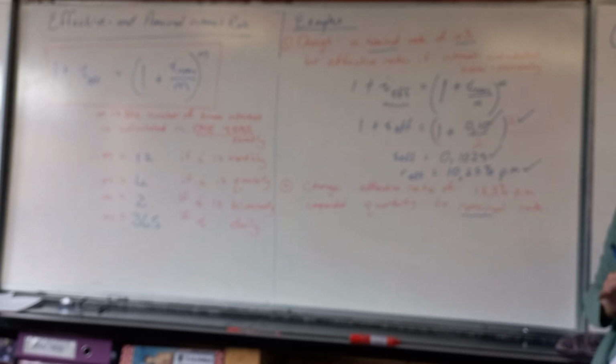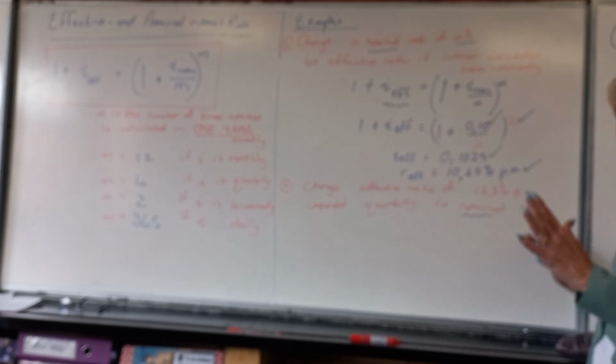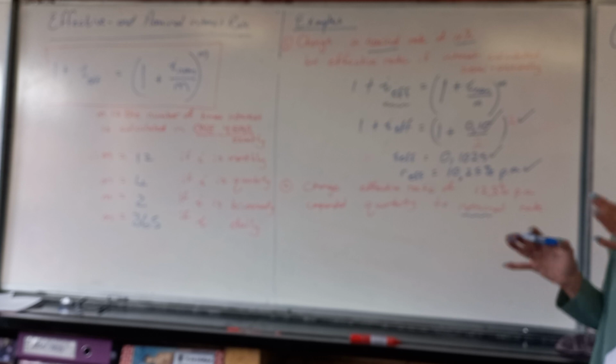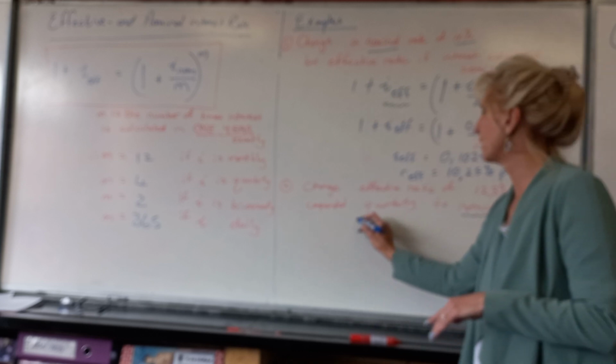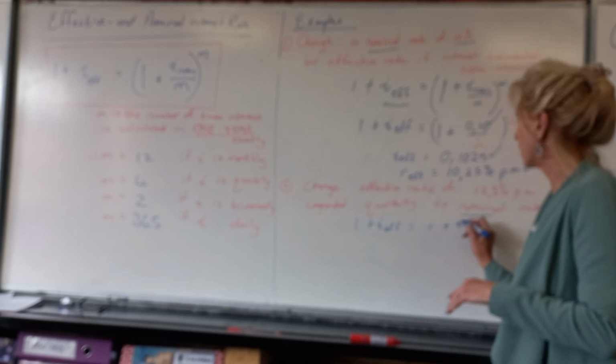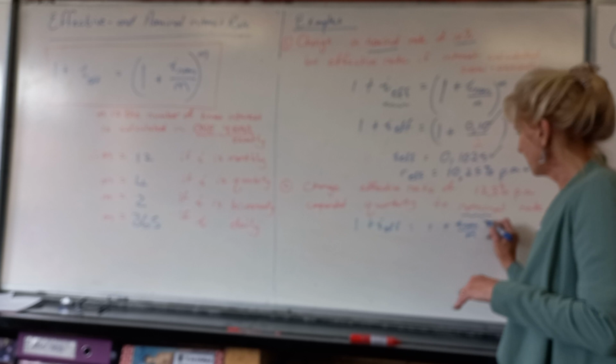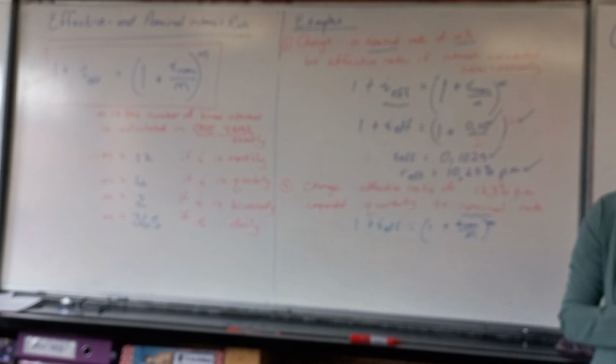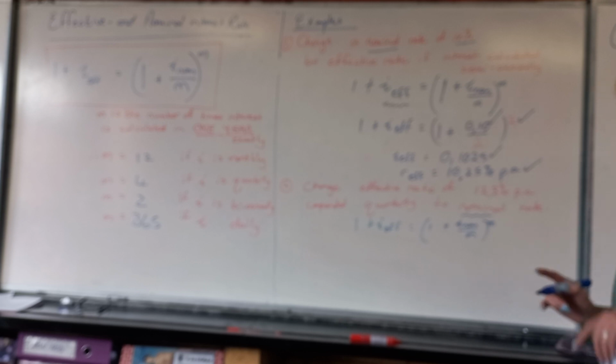Okay, so let's do an effective one. Take it to nominal. So you just have to read which one has been given. Sometimes they disguise it a little bit, but you're still going to have 1 plus i effective equals 1 plus i nominal over M. Always write the formula down, because it's worth a mark, directly or indirectly.